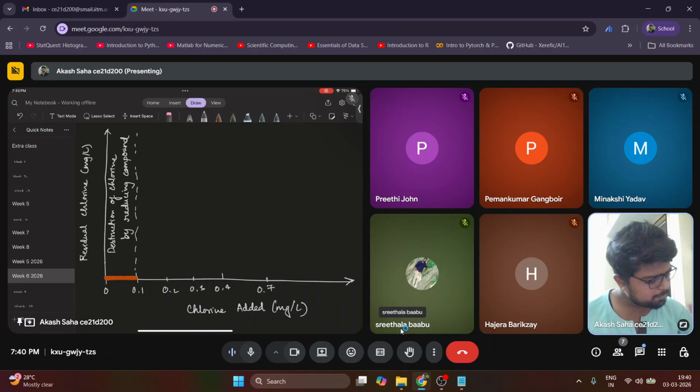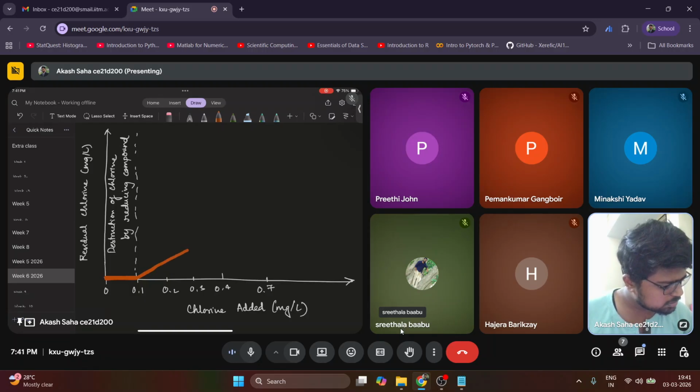Slowly, there will be some part which will come out as residual, because some will remain without getting used up, and it will reach some saturation.